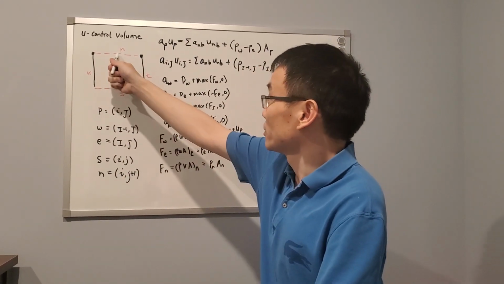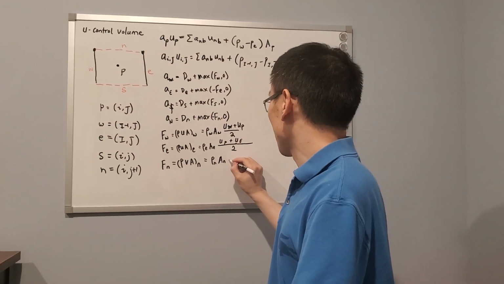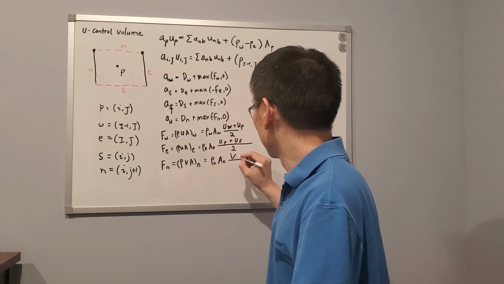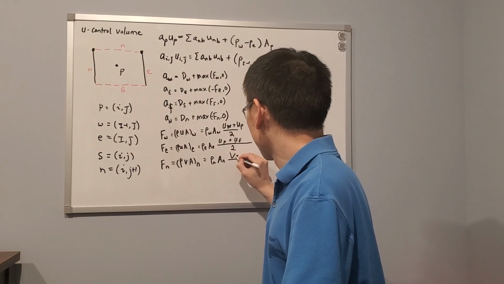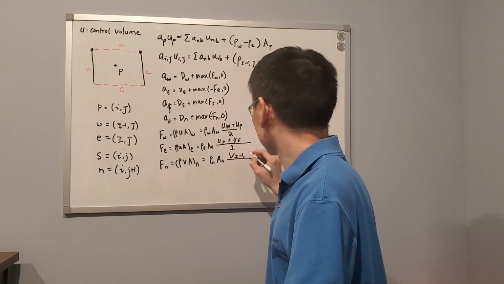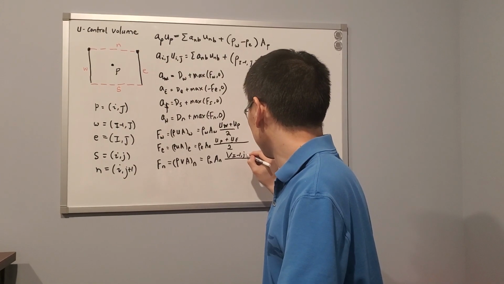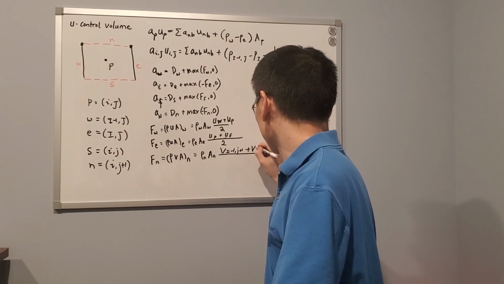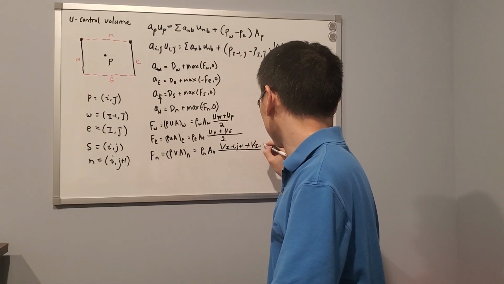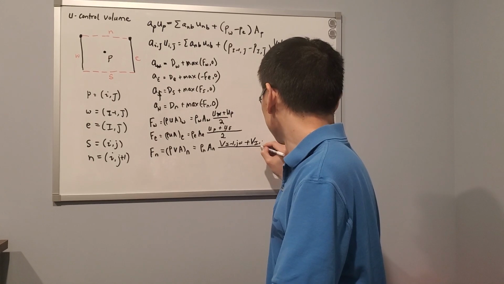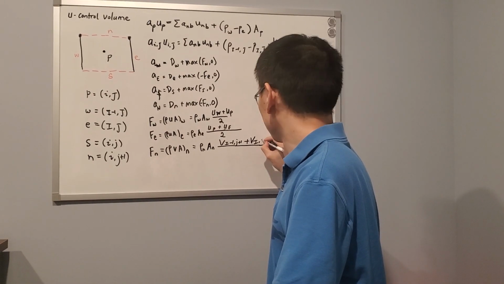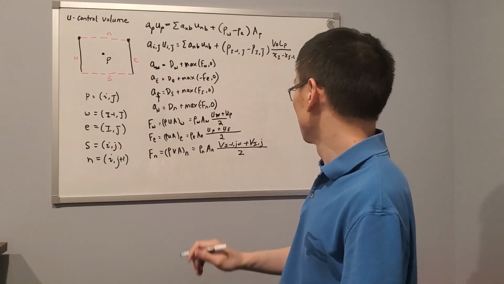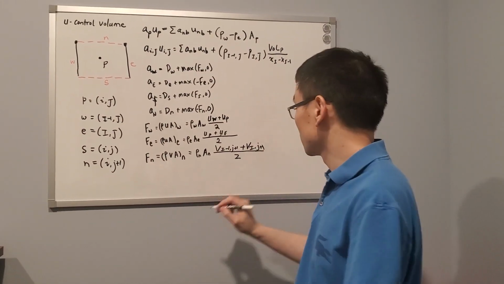So in order to get the face center, we'll just compute the average. That will be V(I minus 1, J plus 1) plus V(I, J plus 1), divided by 2.